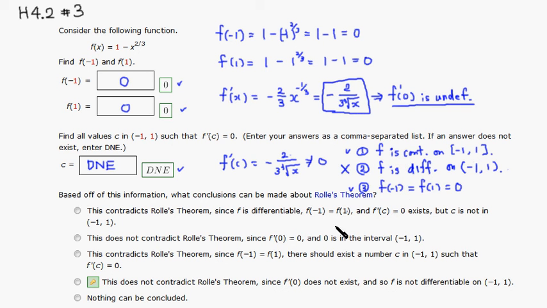So this contradicts that condition. This does not contradict Rolle's theorem, since here f prime of 0 does not exist, so f is not differentiable there. So this is the answer. All right, that's it. I hope that this was clear.